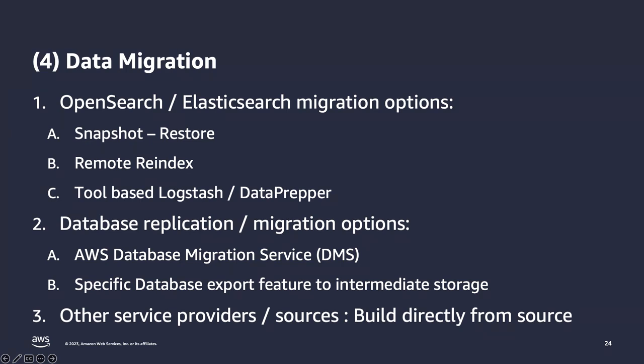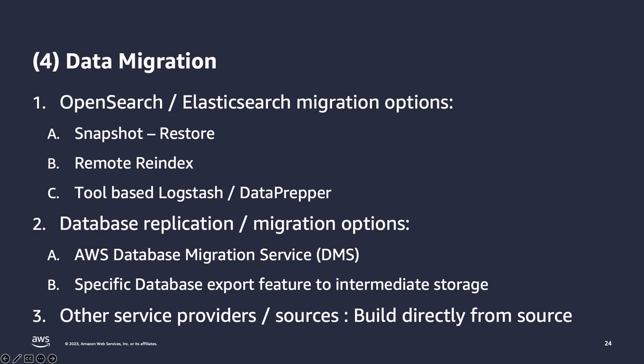For a migration where you are migrating or continuously replicating from a relational database, using an AWS-specific service like AWS DMS, or Database Migration Service, is one of the possible options. Some databases have a specific export feature. This is for your first migration or full load migration to intermediate storage like EBS or NFS or an Amazon S3 bucket.